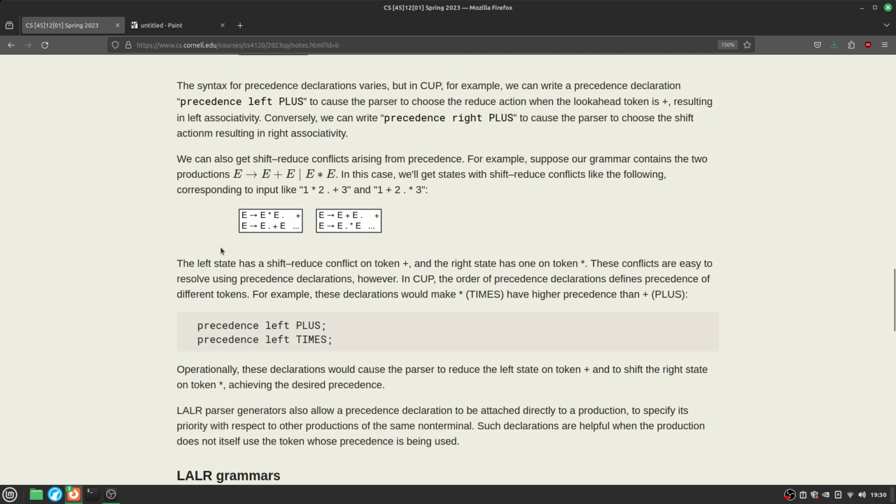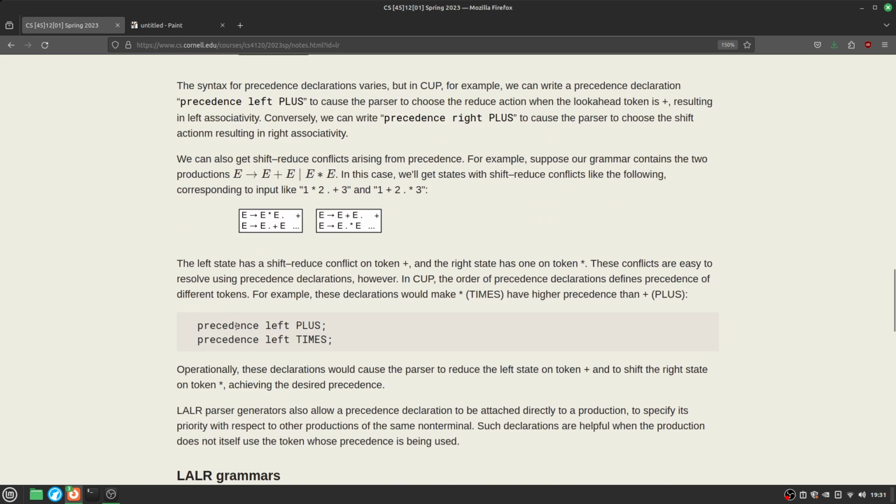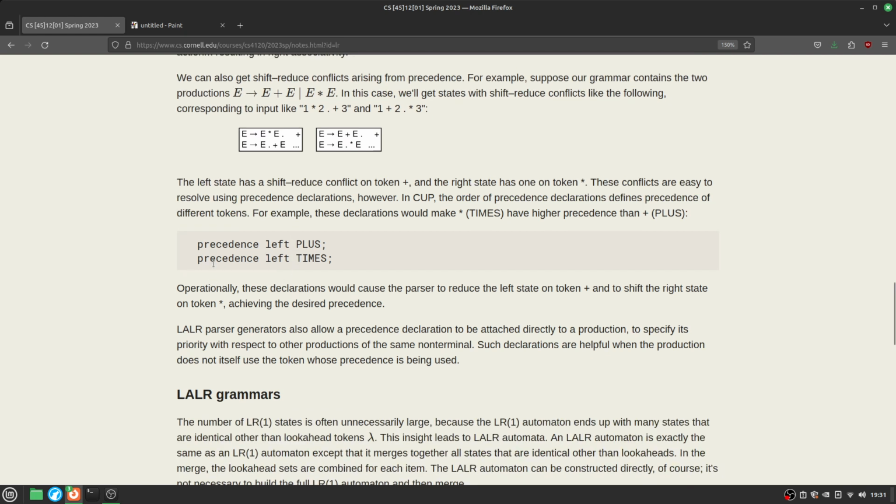So when you specify precedence, that gets rid of shift-reduce conflicts specifically for things like arithmetic. These conflicts are easy to resolve using precedence declarations. In CUP, the order of precedence declarations defines precedence over different tokens. Operationally, these declarations would cause the parser to reduce the left state on token plus.